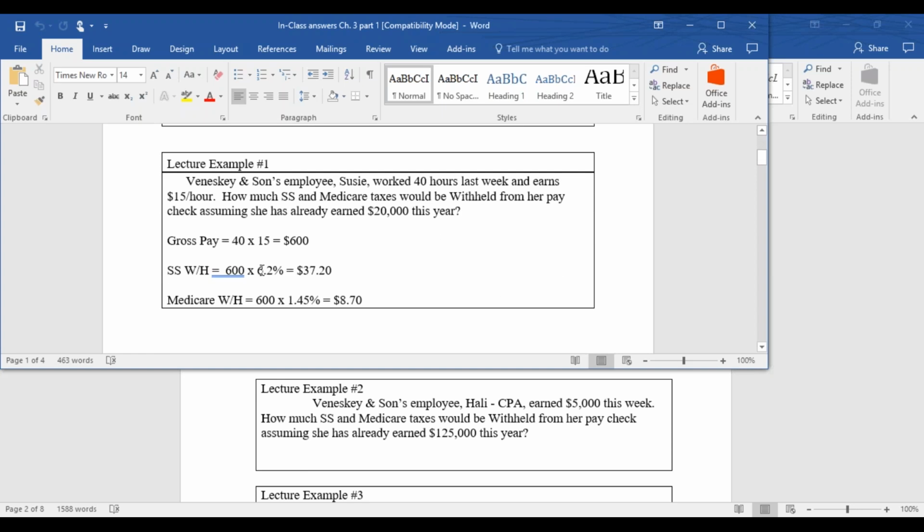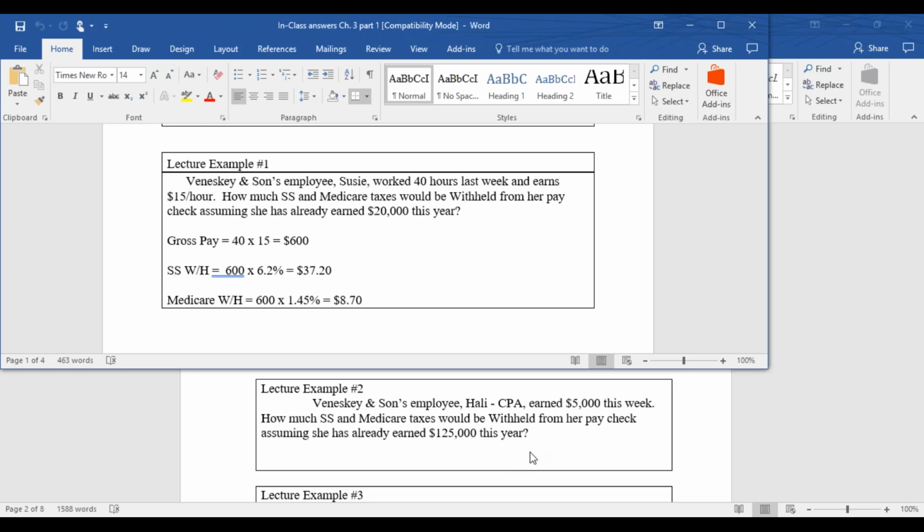So we're going to use the $600 that she earned and multiply it by that Social Security tax percentage. This is how much would be coming out of her check for Social Security. And of the 600, 1.45% is $8.70, which comes out for Medicare. Now go ahead and pause again and look at number 2.